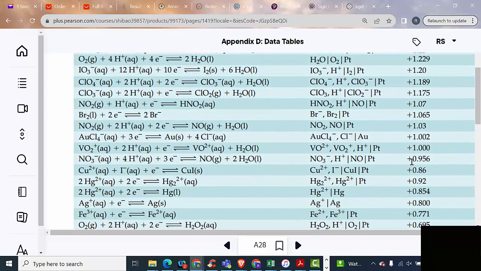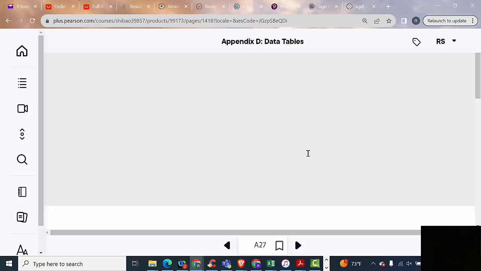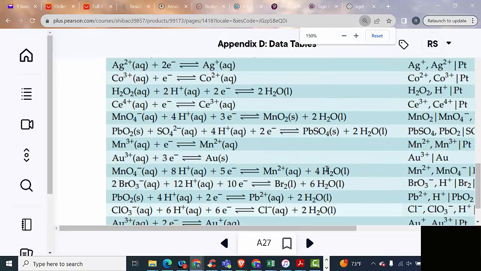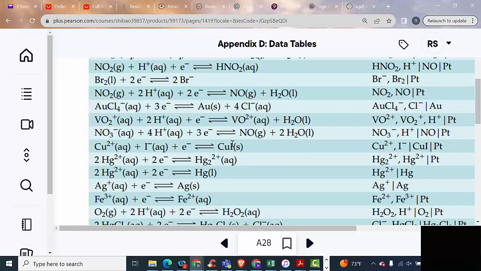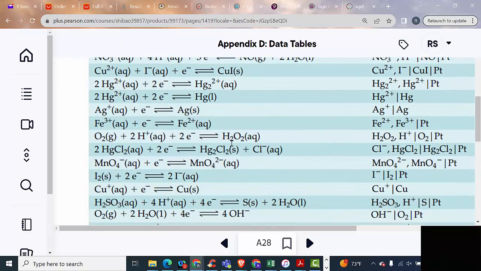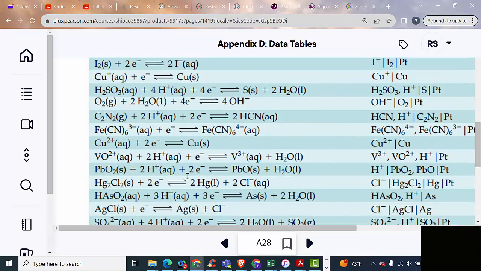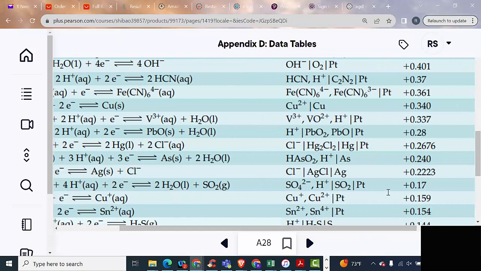And so 0.52 plus, where's the other copper? Not too many entries in this table. This table is quite a bit bigger. Plus, here, this one, down to 0.159.